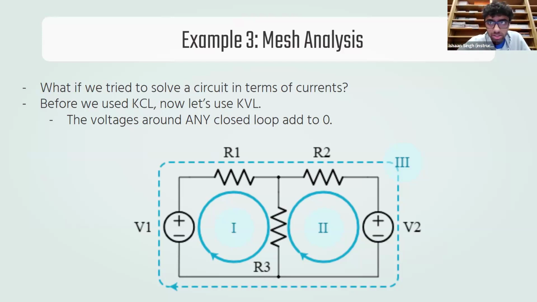Nodal analysis is all about assigning variables to voltages and solving for voltages at the various nodes in the circuit. Mesh analysis is all about assigning variables to currents and solving for currents in the loops in a circuit.